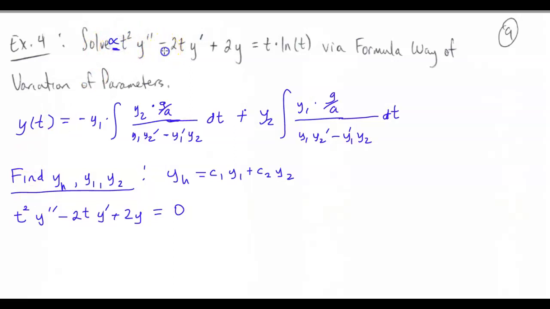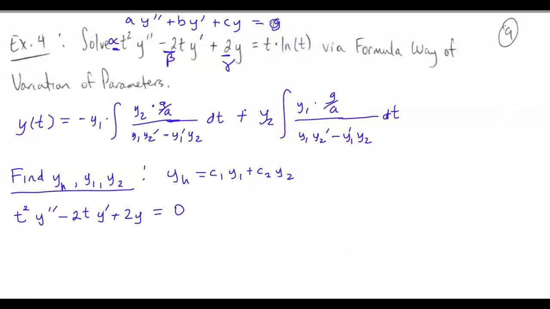This would be alpha, this would be your beta, and that would be your gamma. The big grand scheme of things here is that alpha times t squared would be your A. Negative 2 times t would be your B. And 2 here, which is the same as gamma, would be your C. And of course, this t times natural log of t would be your G.